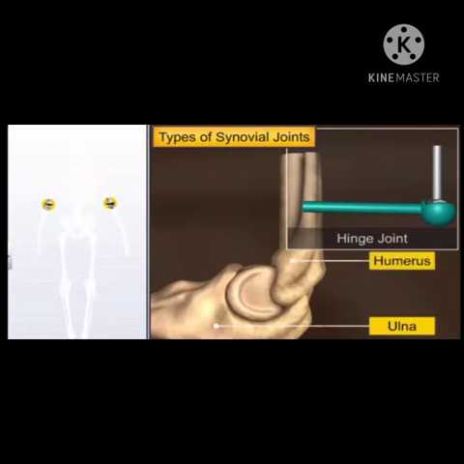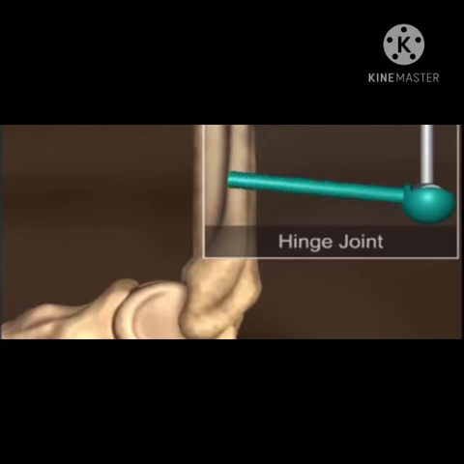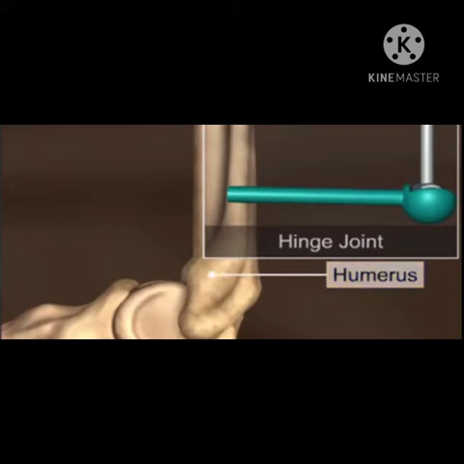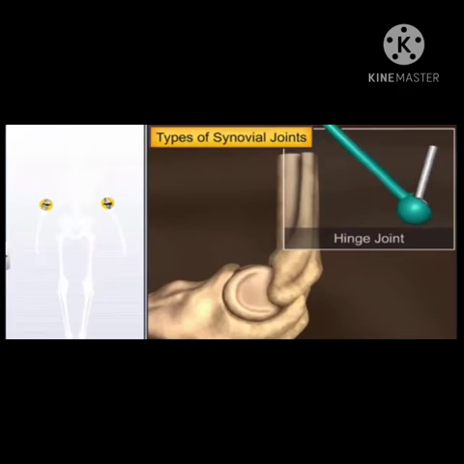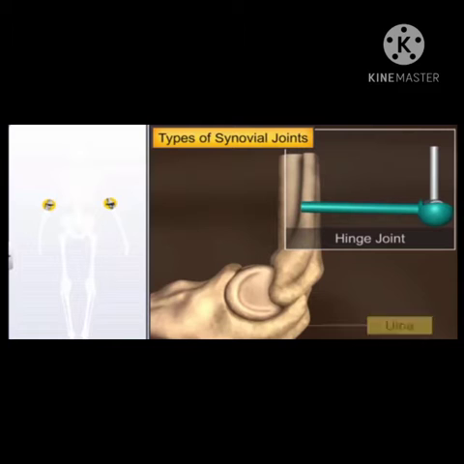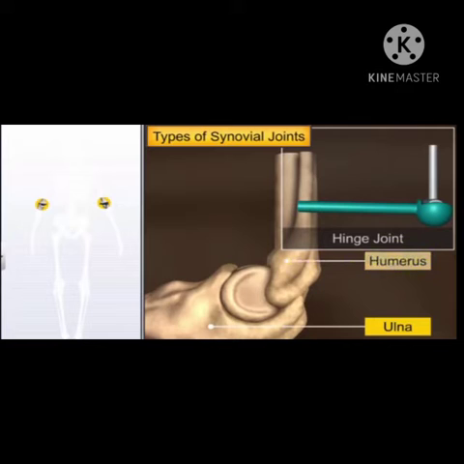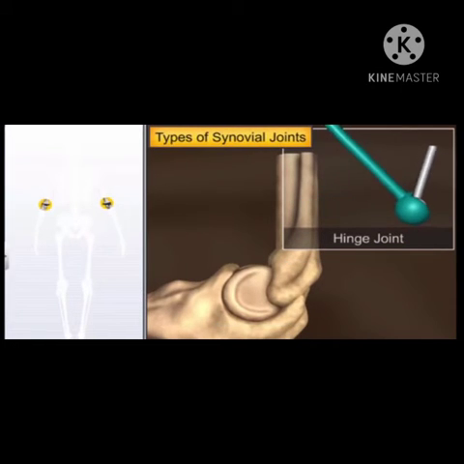This is your hinge joint. A hinge joint is present in your elbow and in your knee joint. Knee joint and elbow joint, which joint is present in these two? Hinge joint. And they allow movement in only one direction. I think all of you know that the joint between your upper arm and the lower arm is called what?